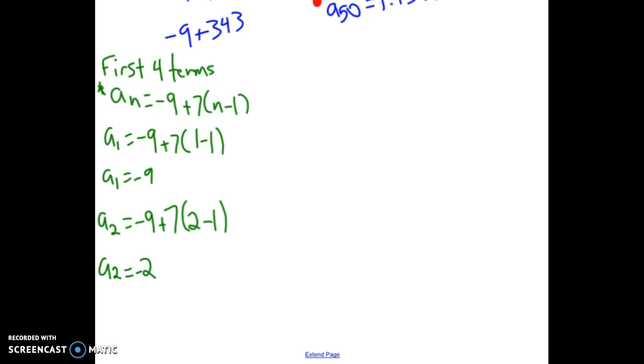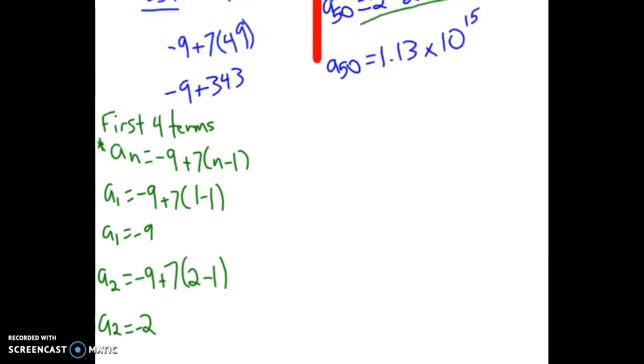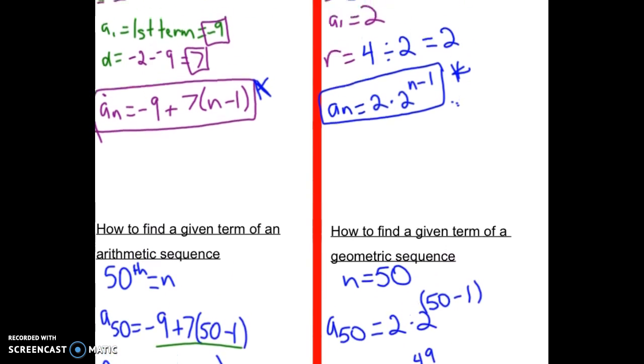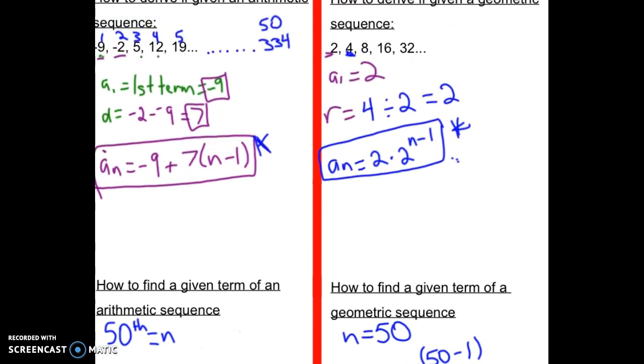The third term, you do the same thing, you put it in for n. Go ahead and make sure your math is right, so go ahead and find the third and the fourth term, but it should line up with the third and the fourth term up here. That's a good way to check your work.